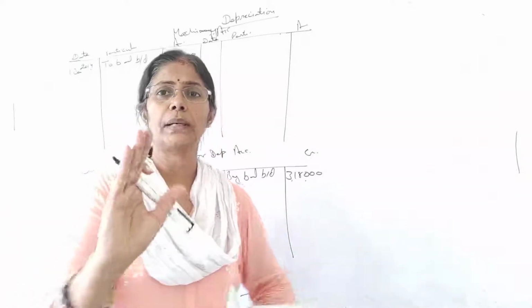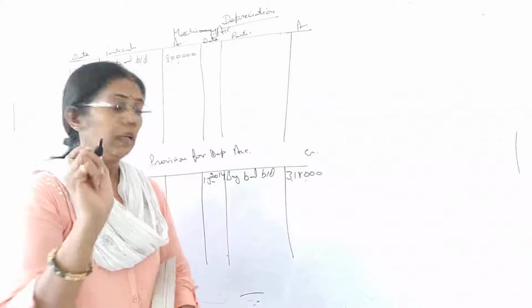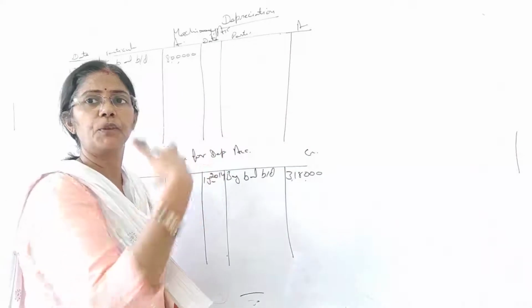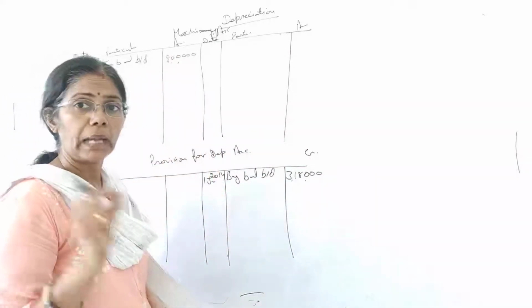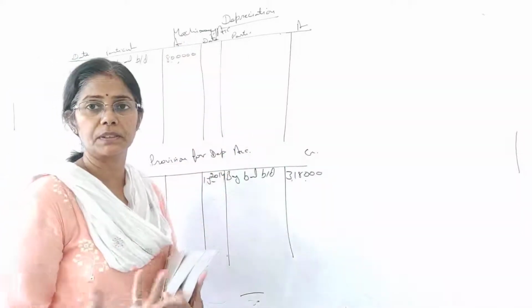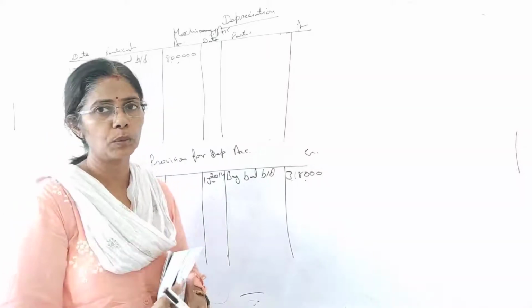Now you have to understand its meaning, its relation. They must have purchased this machinery a few years back, but today it is showing the balance this much. And as we have purchased this machinery in the previous time, depreciation must have been accumulated.